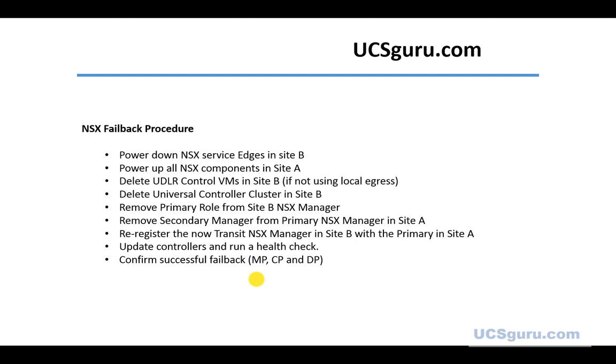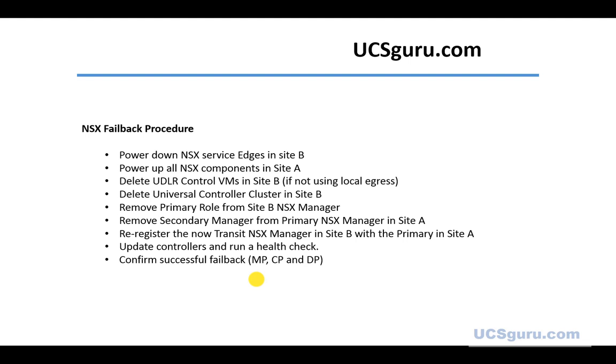And then we're going to do our cleanup in Site B, so we'll delete the controller cluster over there, remove the NSX primary role from the NSX Manager in Site B, and then we'll remove the secondary NSX Manager association from our original primary, and then we can reassociate our secondary NSX Manager in Site B back to Site A again.